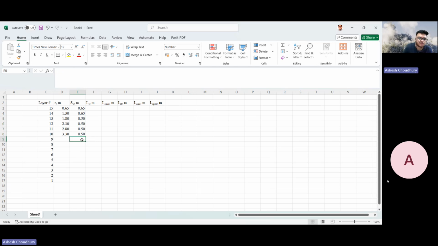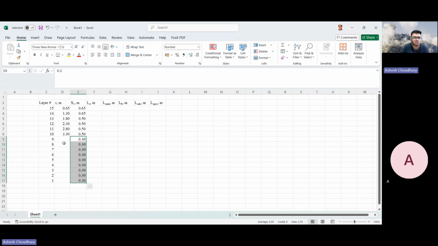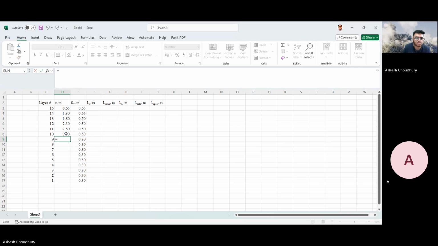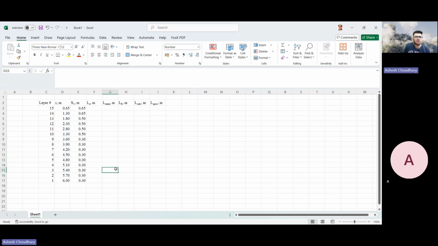And the rest is my 0.30 spacing. Done, right? So I got all the Z correctly, SV correctly.